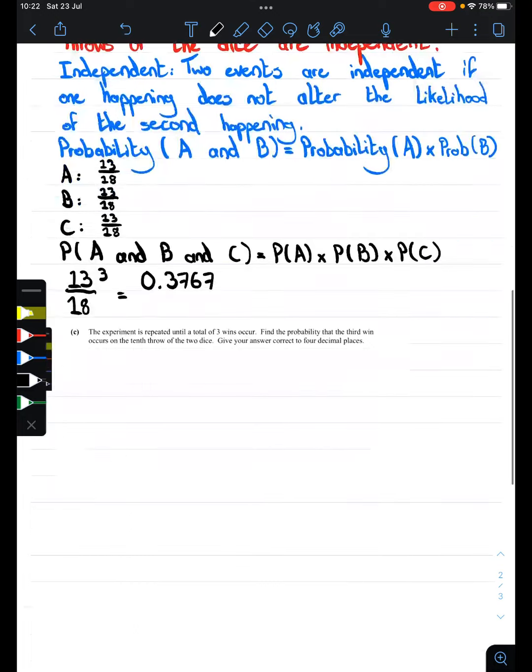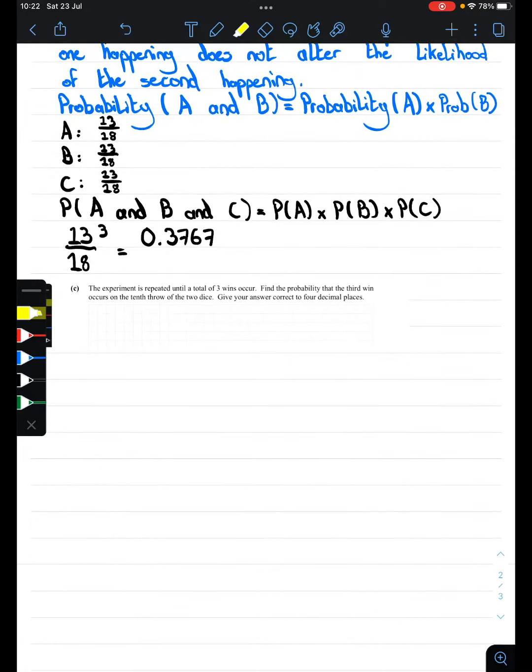Now on to the last part. The experiment is repeated until a total of 3 wins occur. Find the probability that the third win occurs on the 10th throw of the 2 dice. Give your answer correct to 4 decimal places. Okay.